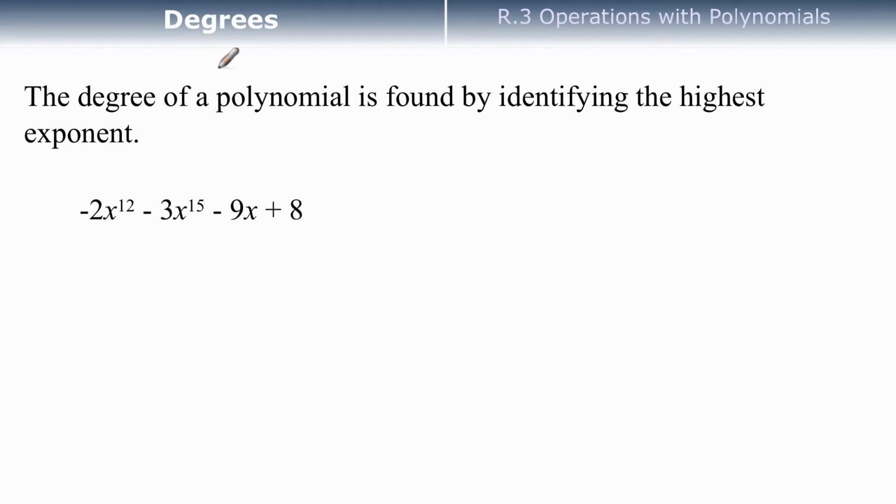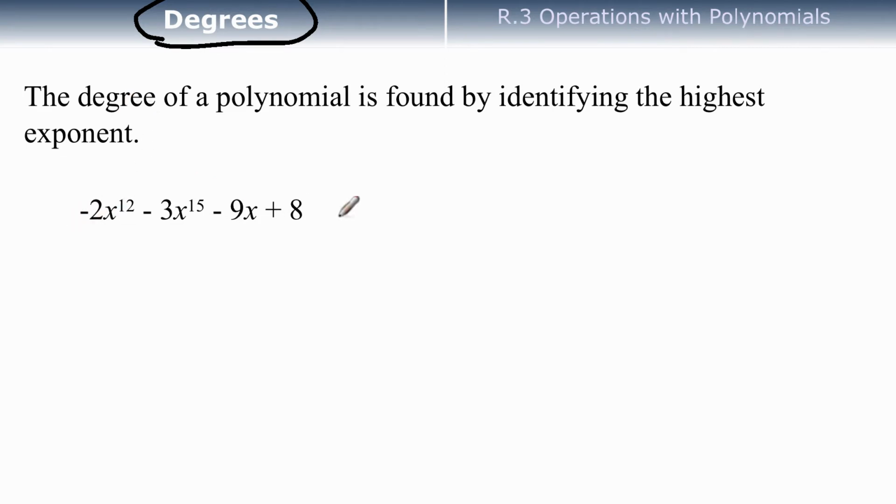Also, another way of describing a polynomial is looking at something called a degree. And a degree refers to what the exponent is, basically. So you can talk about the degree of a whole polynomial, but you can also talk about the degree of each individual term of a polynomial, and we'll look at that in a second.